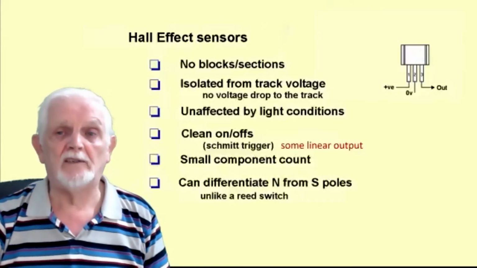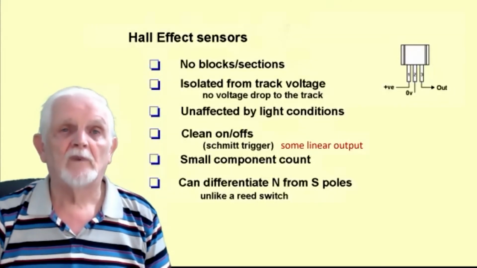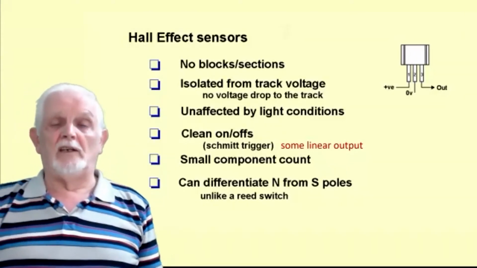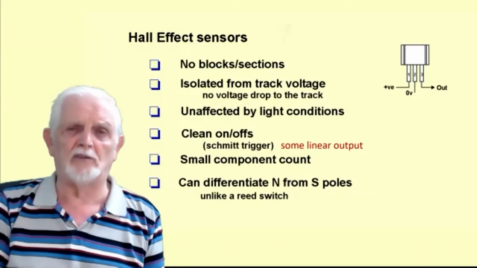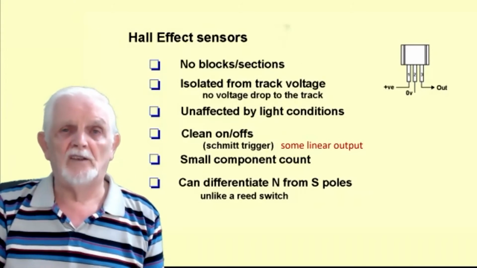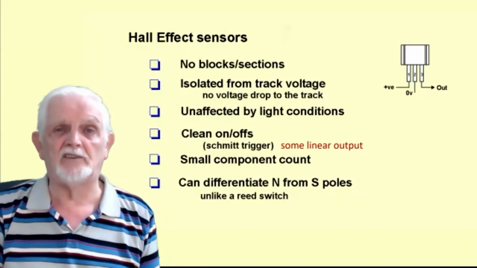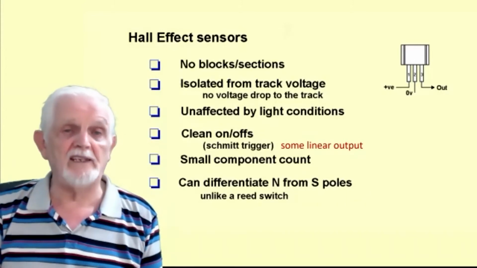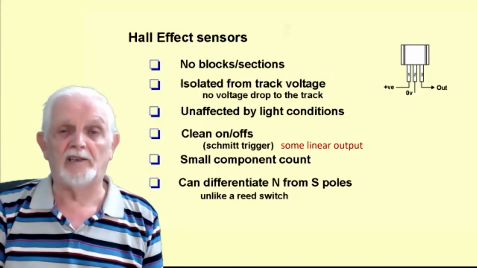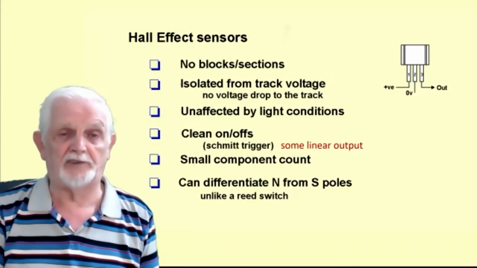And I can show you that. The benefits first are, once again, no having to cut the track and create sections or blocks. There's complete isolation from the track. It doesn't affect it. Unaffected by light, again. Comes in 2 flavors. You can get ones that are clean on-offs.